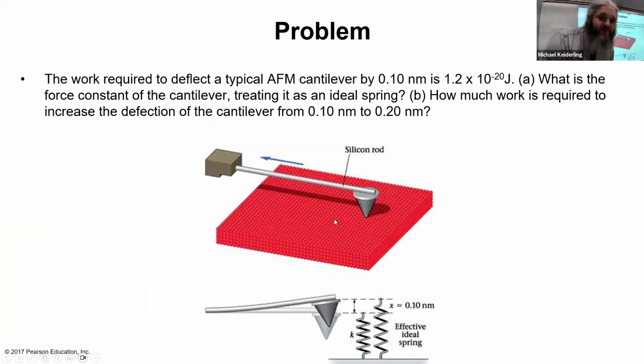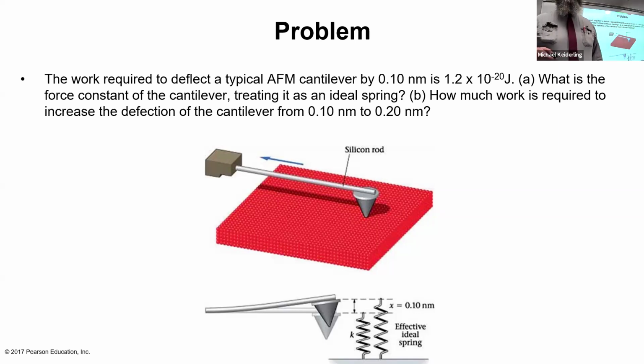So the work required to deflect a typical AFM, which stands for atomic force microscopy, cantilever by 0.1 nanometers is 1.2 times 10 to the minus 20 joules. AFM is actually pretty cool. It lets you image really at the scale of atoms with a surprisingly simple design.